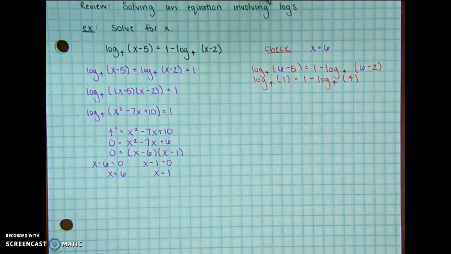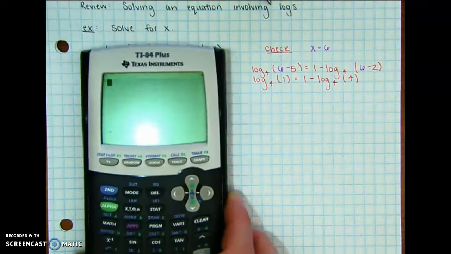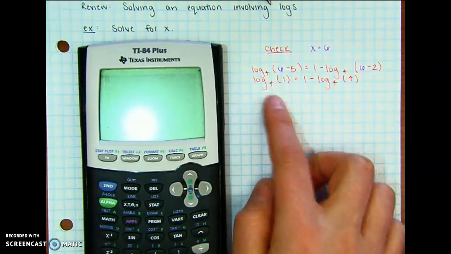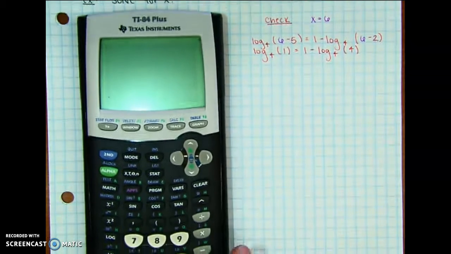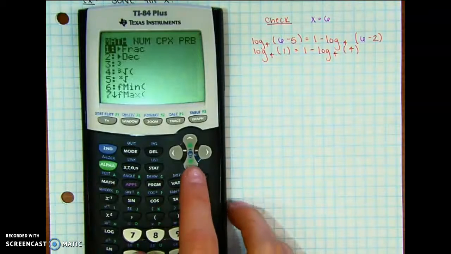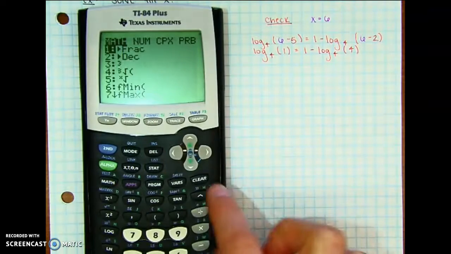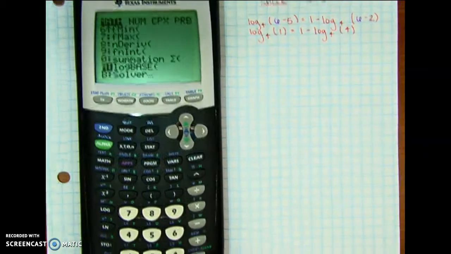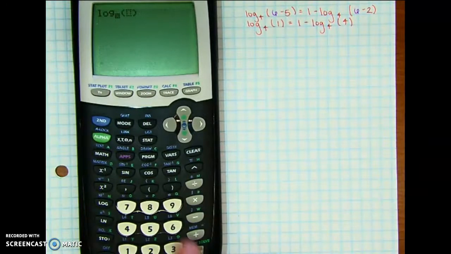If you wanted to, you could use a calculator. If you have a graphing calculator, I can show you how to do this. We can actually simplify both sides. So on a TI-84 Plus, you're going to go to math, and under math, go all the way down until you see log base, hit enter, and then there you go.